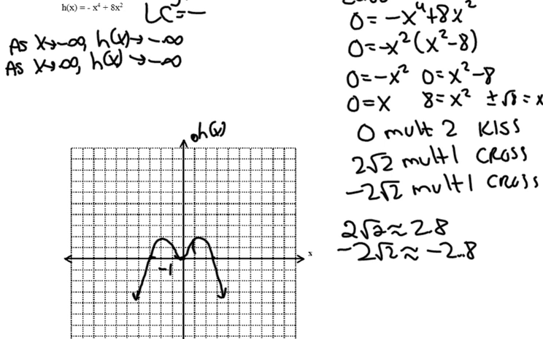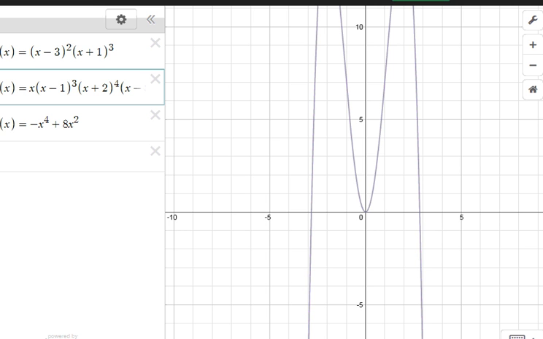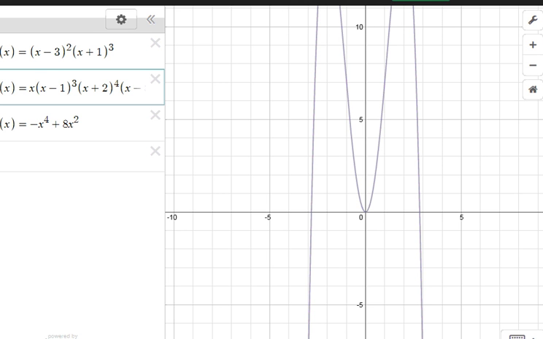Now notice this function is even, meaning it is symmetrical across the h of x axes. Okay, so let's take a look then at the Desmos graph. Get rid of this. And again, other than the fact it went a little bit higher than mine, you can see it's the same similar type of graph for this.